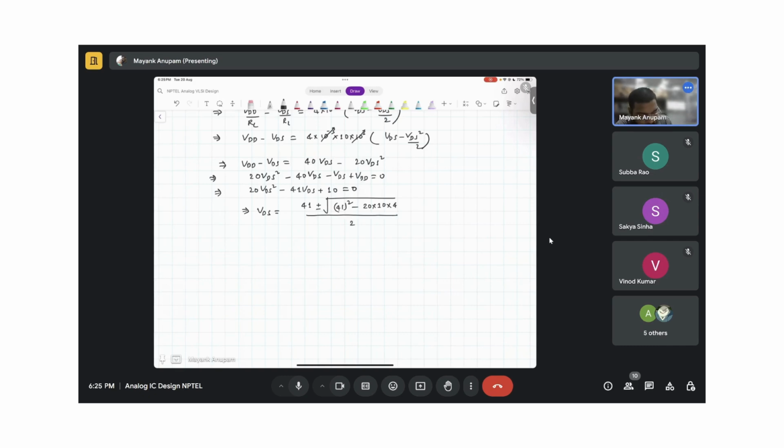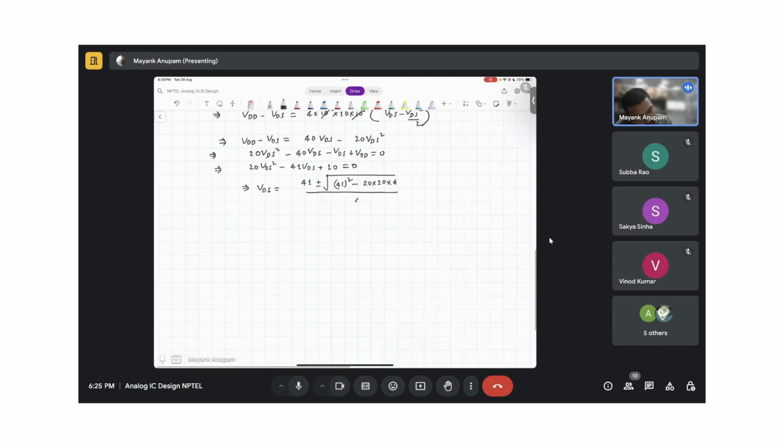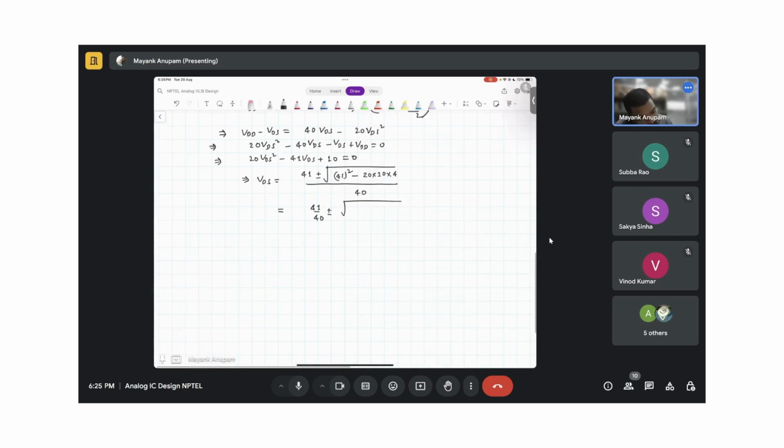Divided by 2 into 20, so it should be 40, correct? VDS will be 41 upon 40 plus minus under root 41 square minus 800, divided by 40.